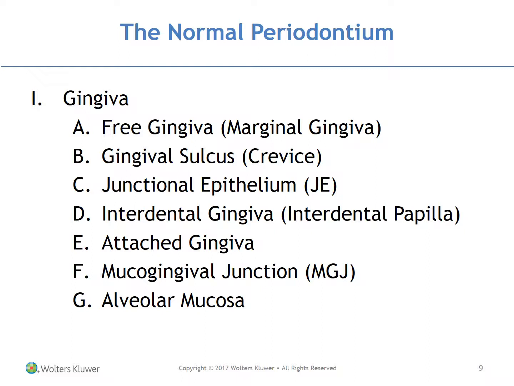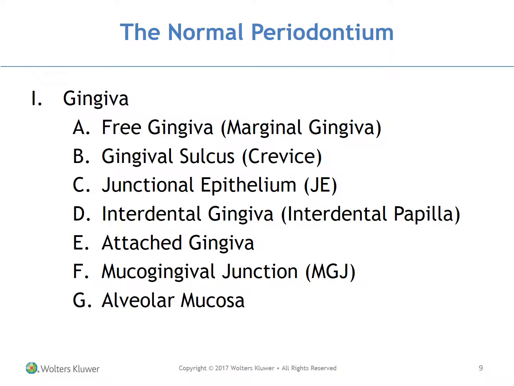In the anterior, the MGJ is scalloped, but it is fairly straight in the posterior areas. A contrast can be seen between the pink of the keratinized, stippled gingiva. Stippled means it's kind of like an orange peel, with little tiny bumps everywhere. So the keratinized, stippled attached gingiva contrasts with the more vascular alveolar mucosa, which is a deeper reddish pink.